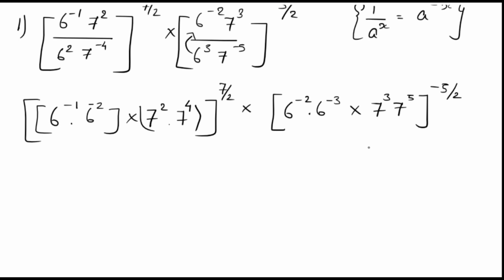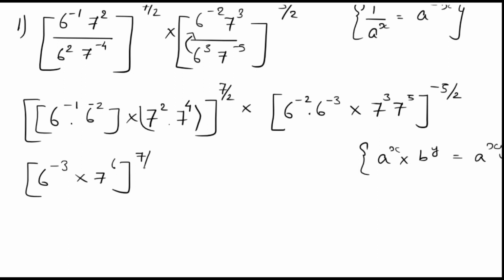Now next I am using this property a to the power x into a to the power y is equal to a to the power x plus y. Now here the bases are same, 6 and 6. So the powers can be added. This will become 6 to the power minus 3 into 7 to the power 6, the whole to the power 7 divided by 2 into 6 to the power minus 2 and minus 3 will become minus 5 into 7 to the power 8, the whole to the power minus 5 by 2.